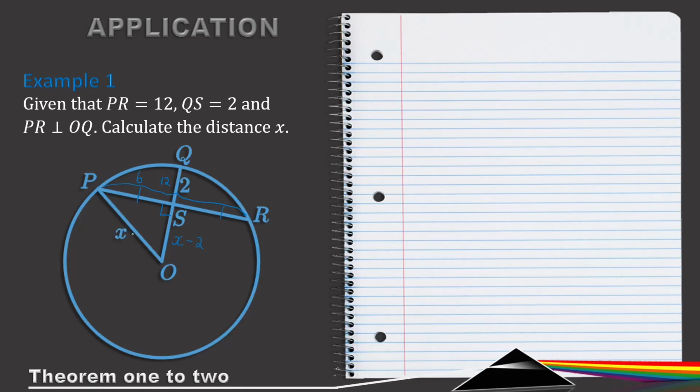All right, so now we basically have everything we need in order to solve for x using Pythagoras. Now to start off, let's put everything that we've just said on paper. So we have that PR is equal to 12, and that is given. And then we can therefore deduce that PS must be 6 because of the first theorem, which states that a line from the center perpendicular to a chord bisects the chord.